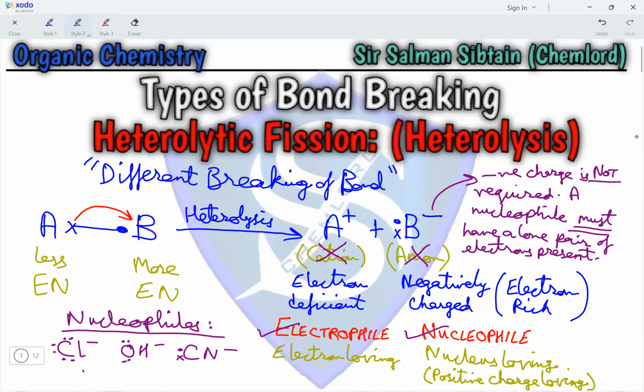However, a water molecule is also a nucleophile because the oxygen atom on water has lone pair of electrons. Also, an ammonia molecule acts as a nucleophile because the nitrogen atom has a lone pair of electrons. So, this is proof that nucleophiles need not carry a negative charge but must always have a lone pair of electrons present in order to be classified as nucleophile.